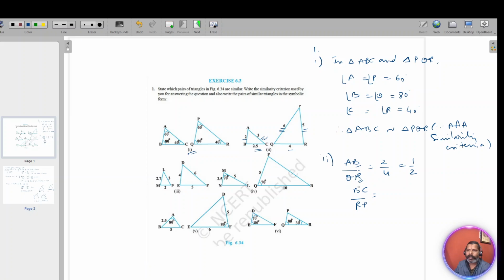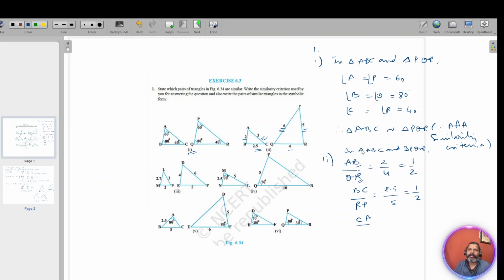So you manage that and write it. A corresponds to Q here. So BC is how much? 2.5. RP is how much? 5. That is 1 by 2. Also, you can write here in triangle ABC and PQR. Now the last part is 3, that is CA here. C means letter P. If you observe the first two ratios, you can make out. C means P. A means Q. Check out in AB by QR.